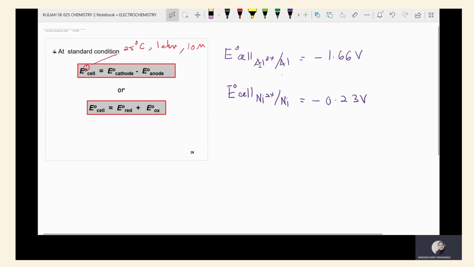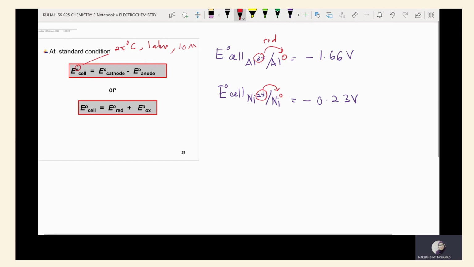So if we have this kind of information, first we need to check. This is 3 become 0, which represents a reduction. And this is 2 become 0, which also represents a reduction process.